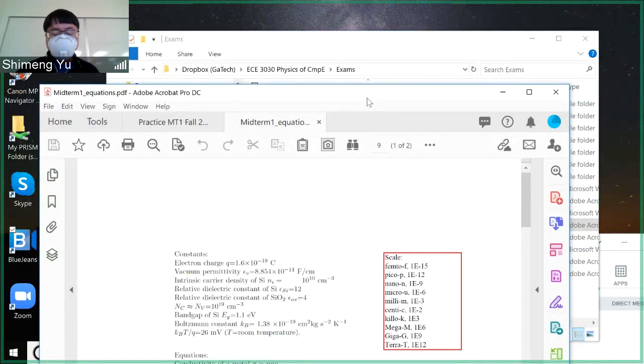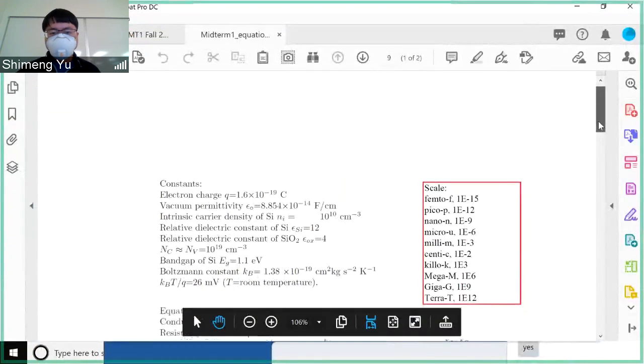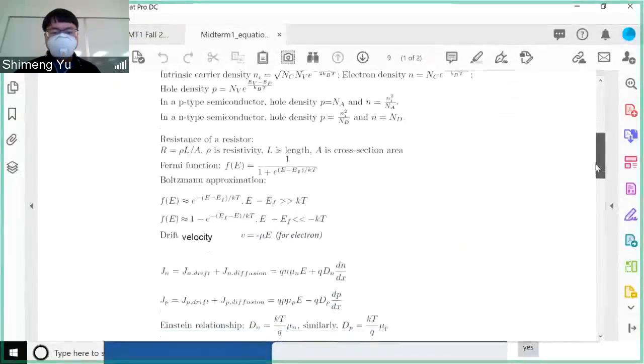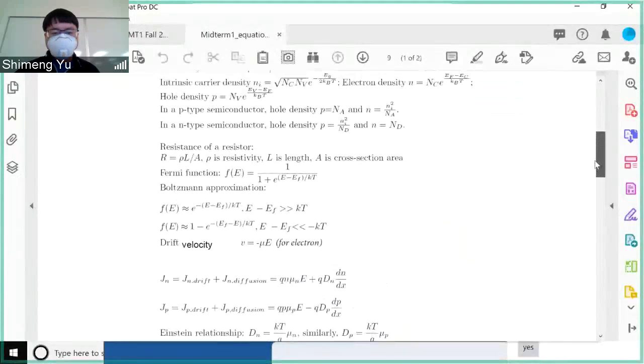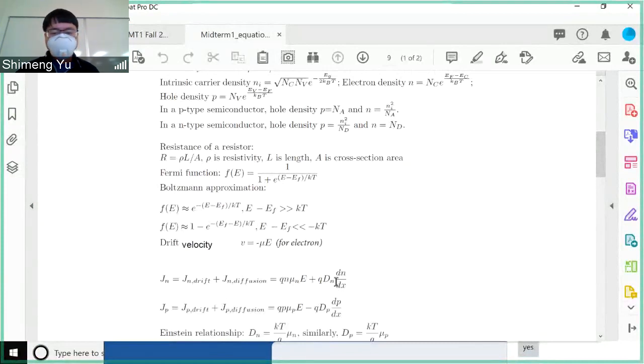This is in the exam folder on Canvas, and you can find the key equations here. So the diffusion current is proportional to the gradient dN over dx. So this is true.